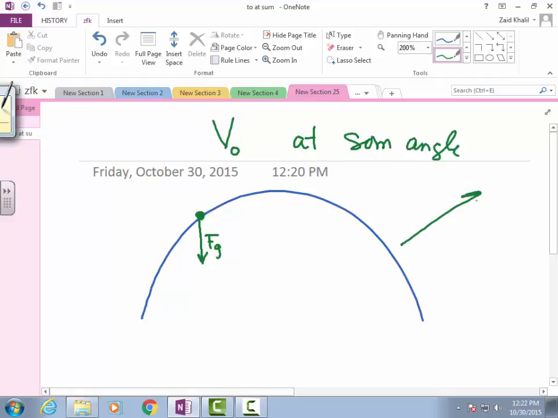And so here it is, v0. And it's at some angle, alpha. I'll give it theta, whatever. And what can I do with v0? Break it up into its x and y. And then what?